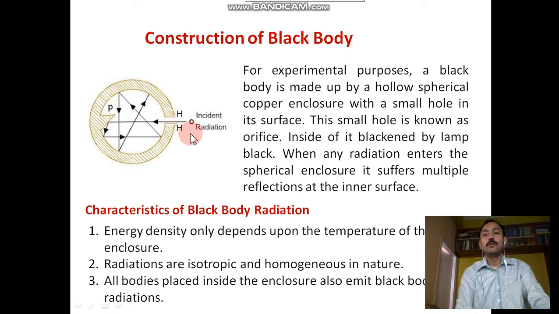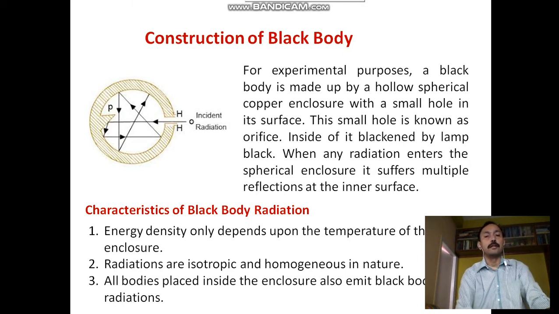This small hole is known as the orifice. Inside of it is blackened by lamp black. When any radiation enters the spherical cavity, it suffers multiple reflections at the inner surface.